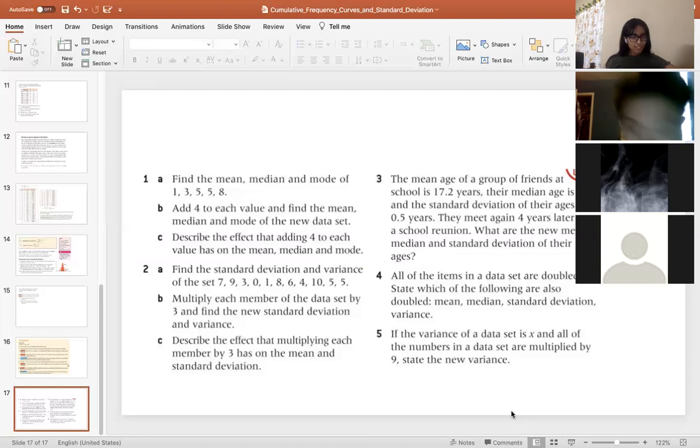I got 3.01, but I might have put in a number wrong. Let me check real quick. I got 3.01 as well. Okay, maybe I put the number wrong then. I'm going to double check real quick: 7, 9, 3, 0, 1, 8, 6, 4, 10, 5, 5.